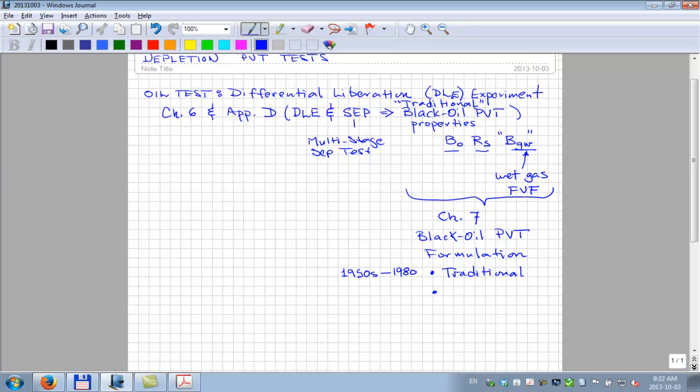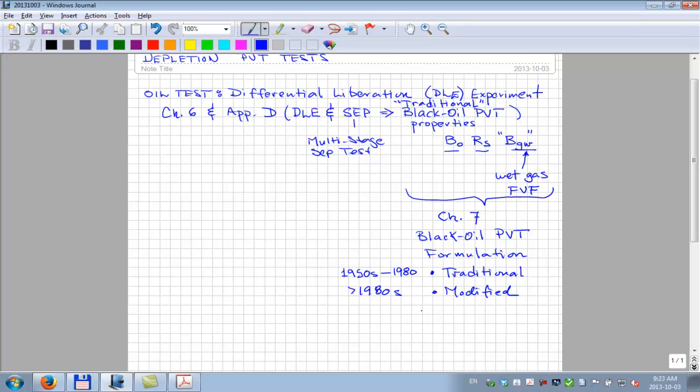And that gas, either in solution or free gas, flowed as gas in the reservoir, but when it came to the surface, it carried with it a lot of what ended up being stock tank oil or condensate. It added a lot of value. So after the 1980s, we have what's referred to as the modified black oil PVT model.